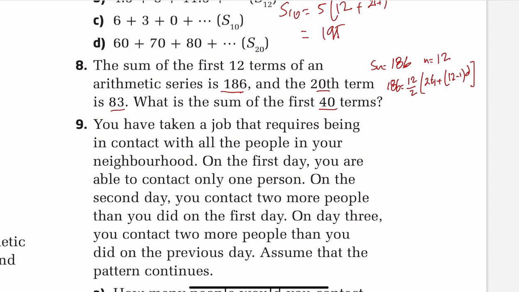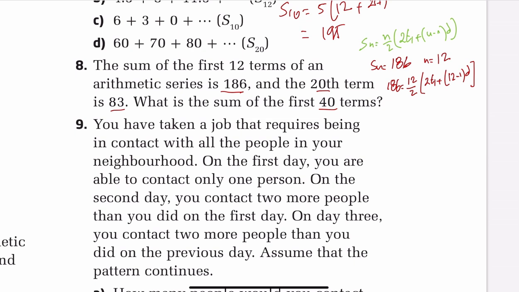This is my n over 2 from my equation, and this is my n minus 1 times d, because if you remember, the general formula is Sn is equal to n divided by 2 times 2t1 plus n minus 1 times d.